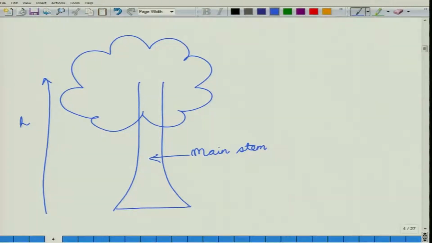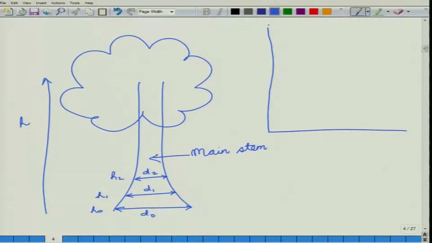Here we have a diameter d0 at the bottom, then at height h1 you have a diameter of d1, at height h2 you have a diameter of d2, and so on. So, what will happen if we plot height versus diameter? Well, this is what we will get.